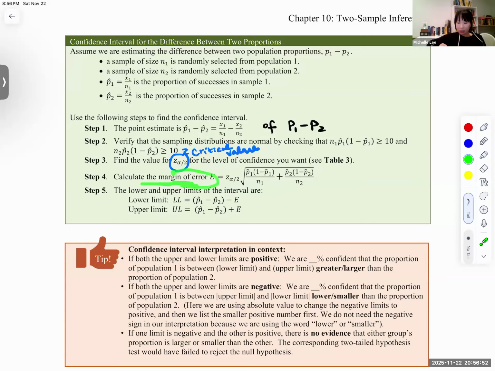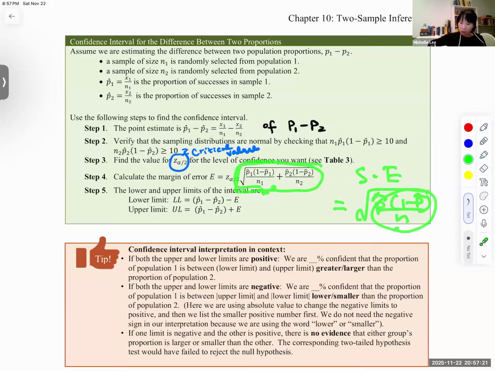Margin of error is the Z critical value times the standard error, right? The standard error in this case looks like that. Can you see that? A little bit complicated. Normally the standard error is a square root of p hat times 1 minus p hat over n, right?